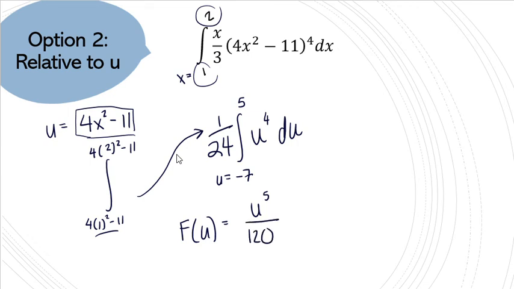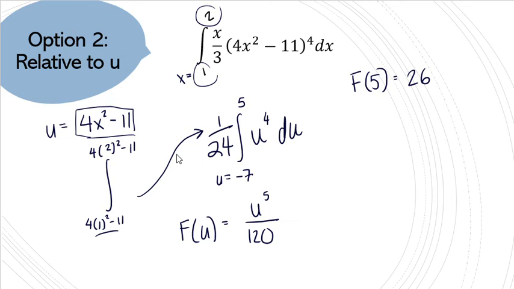And now, instead of subbing in 2 and 1, which were x's, you can just go directly to subbing in 5 and -7. So your upper bound is when u is equal to 5. And you're going to have 5 to the power of 5, divided by 120, which is, surprise, surprise, going to give you 26.